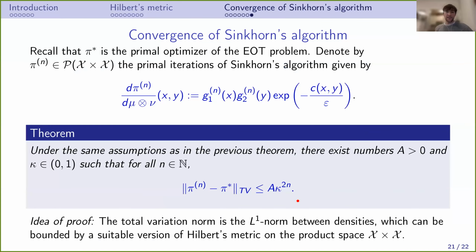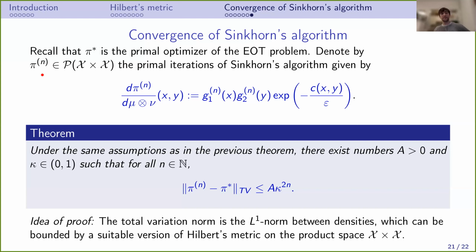And I just want to emphasize again that it's nice and all to have this convergence with respect to this new version of Hilbert's metric. But of course, we would like to have this kind of convergence also in more frequently used metrics. And here I just want to shortly show you a corollary for the total variation norm.